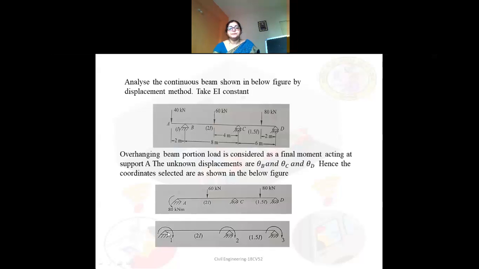Instead of the overhanging portion, we have an anti-clockwise moment of 80 kilonewton meter on spans A to C and C to D. Now I'm assuming that at coordinate B the rotation is in the clockwise direction, at C also clockwise, and at D also clockwise. So coordinate 1, coordinate 2 and coordinate 3 are all in the clockwise direction.